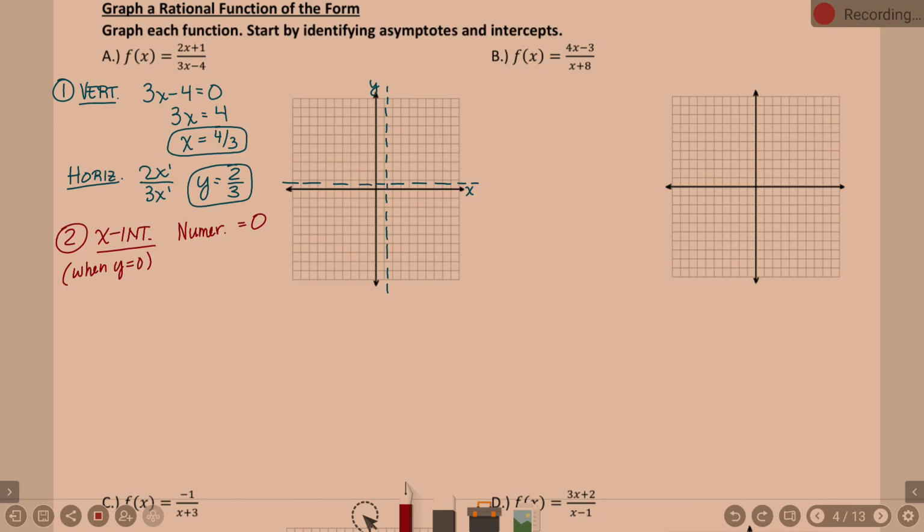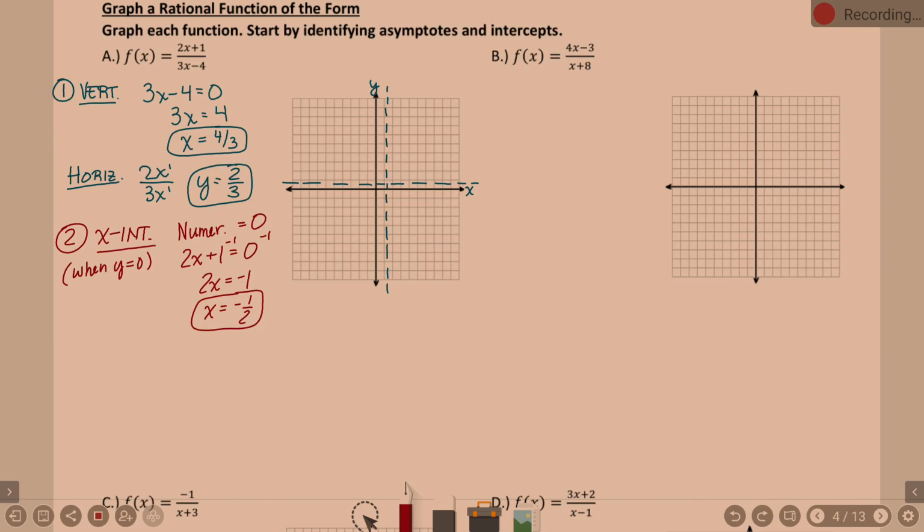What's my numerator? 2x plus 1. So if we set 2x plus 1 equal to 0, subtract 1, so 2x equals negative 1. Divide by 2 and x is negative 1/2. So we have an x-intercept at negative 1/2.